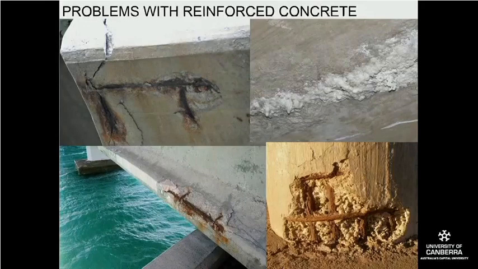Now, the volume of iron rust is 7 times the volume of steel or iron. So it's got nowhere to go, and essentially it just pushes out the concrete, and you get concrete spalling, as you see here and here and here.